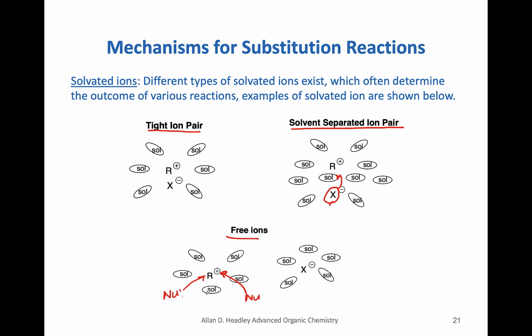So these are the different types of ion pairs that you will see after the formation of a carbocation: a tight ion pair, a solvent separated ion pair, and free ions that are of course solvated from the solvent.